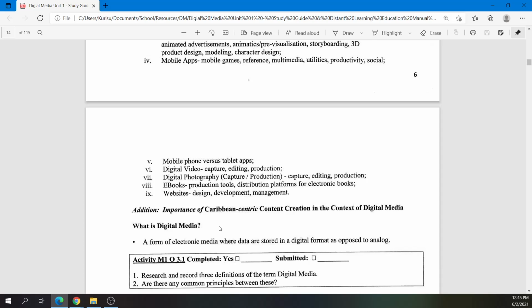You have to always think about how this digital media is benefiting us. And when you think about how it benefits us, you basically have to compare it to what would have been done in the past.